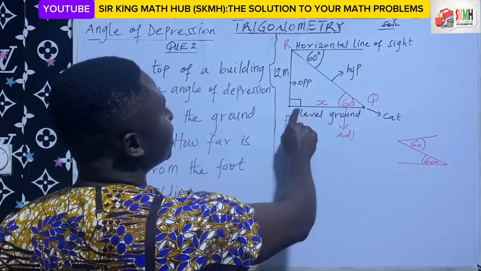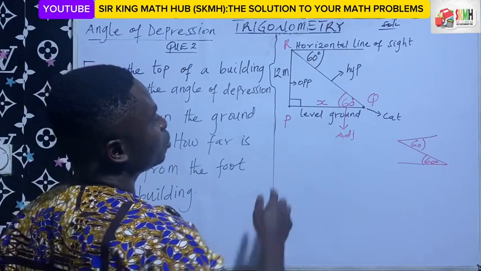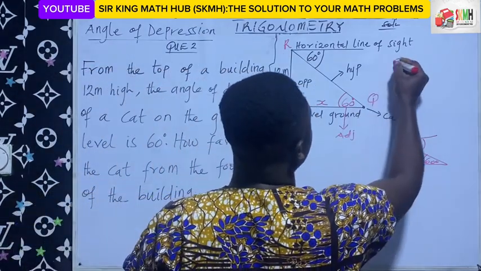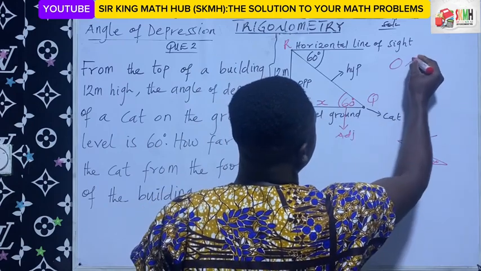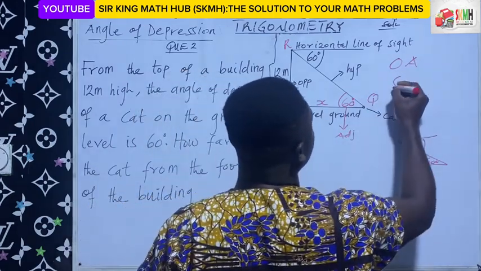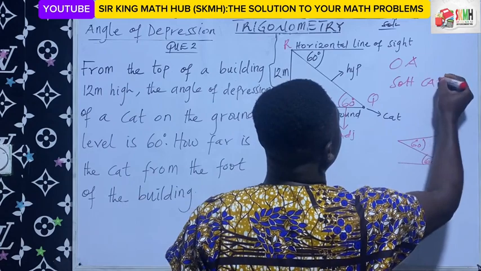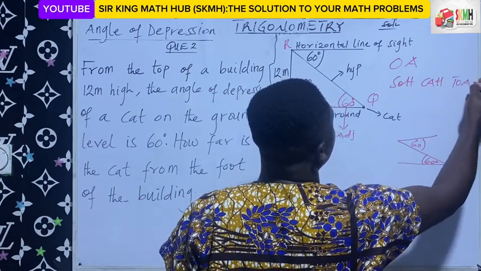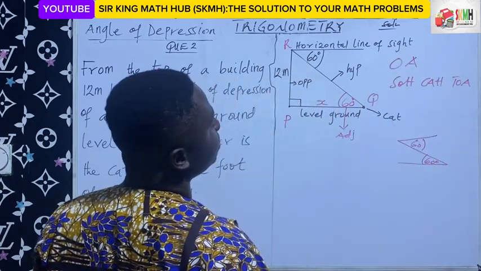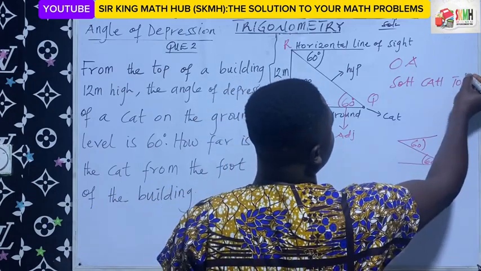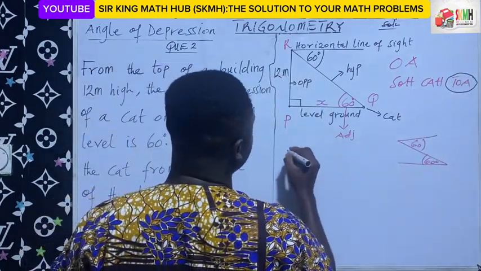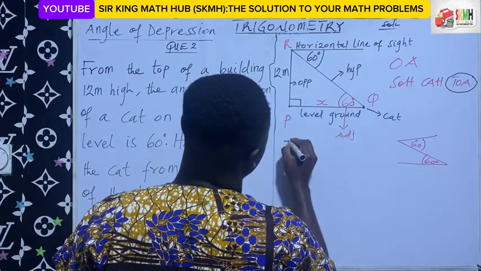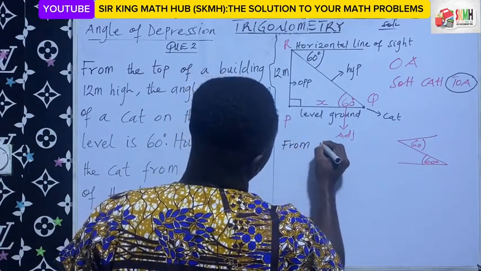So now how then do we calculate this distance? We have our opposite, we have our adjacent measuring x. So from SOHCAHTOA, which of them has opposite and adjacent? Obviously tan. So what does tan say?